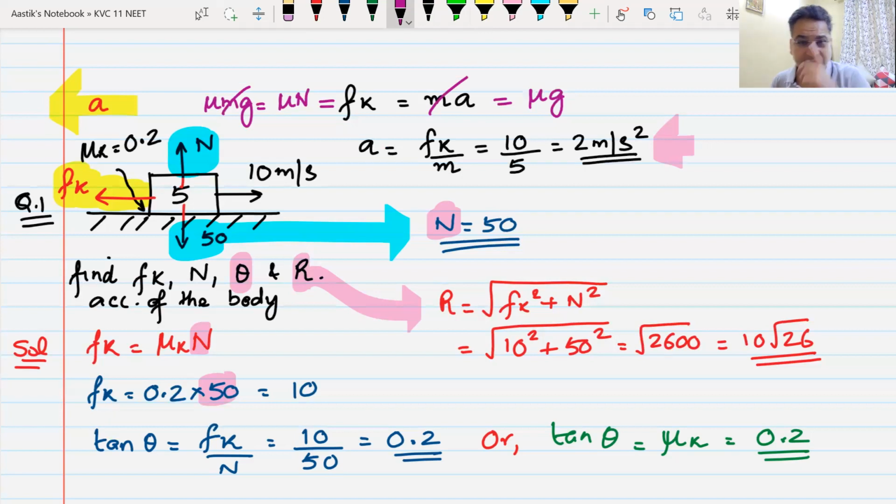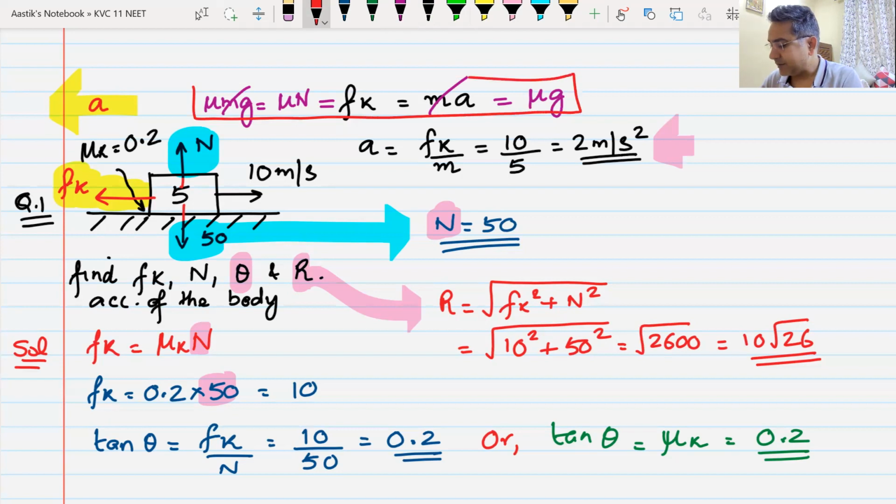Either you can find out the frictional force and then divide it by the mass to get the acceleration, or since you know the calculations done here, you can simply multiply mu by g.